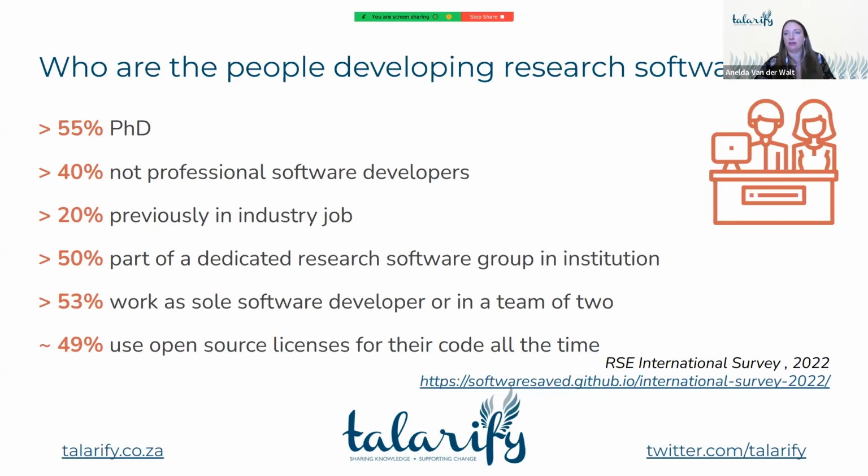So they are typically PhDs, 40% are not professional software developers, 20% have had an industry job before, 50% are part of a dedicated research software group at an institution, 53% work as sole software developers or in a team of only 2, and 49% use open source licenses for their code all the time.